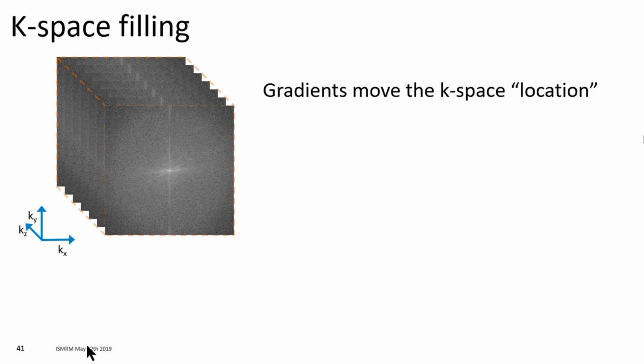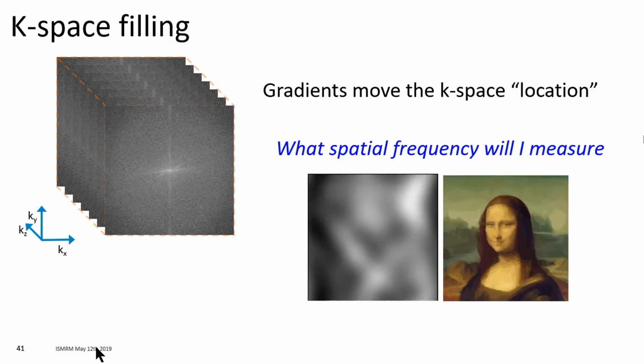So when we consider k-space coverage, whether we're undersampling, how we're going to go through k-space to get this data, how efficient it is, reconstruction complexity, and so on, we're moving around k-space, and what we're really asking ourselves is, what spatial frequency will I measure? And I'd like to thank you very much for your attention.